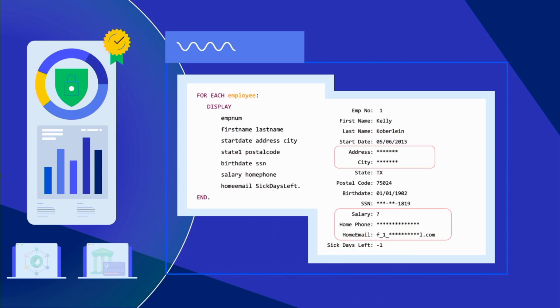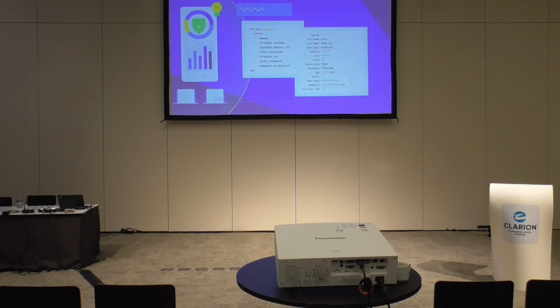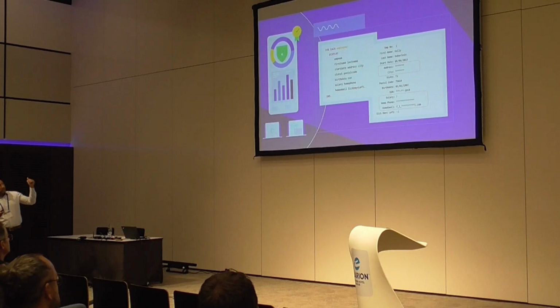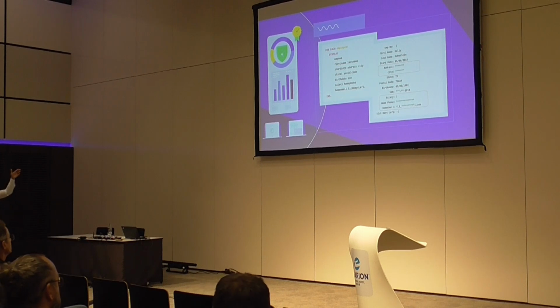So another quick example of how it would work: if an ABL developer runs a display statement on an employee table, the query will come back and show the results, but the fields that the ABL developer is not privy to, they will not be able to see.